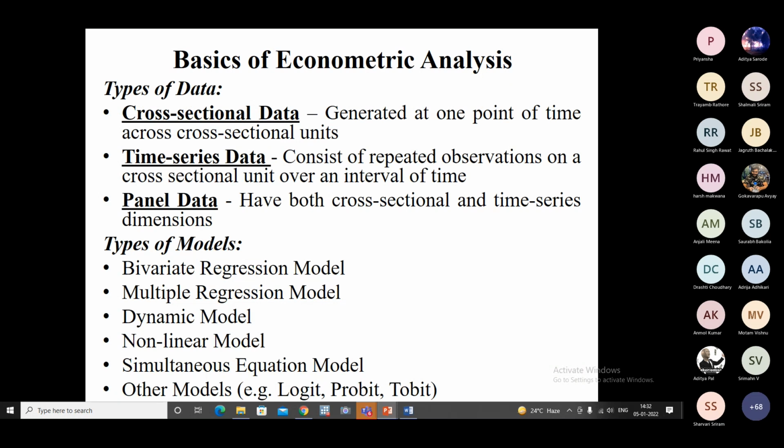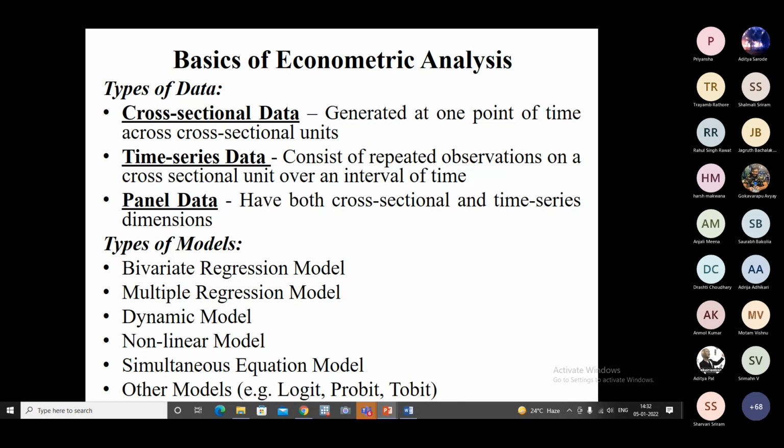Now this is a very important aspect, that is the types of data we would be using here. In this course, mostly we will be using cross-sectional data. In some cases, we will be using time series data also, particularly when we discuss autocorrelation problem.